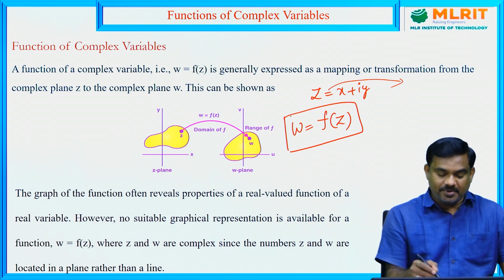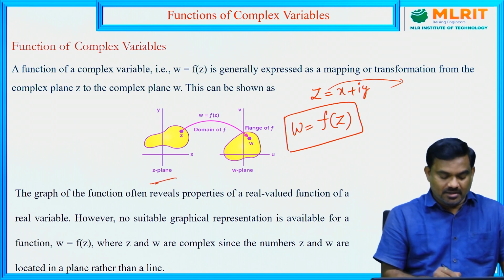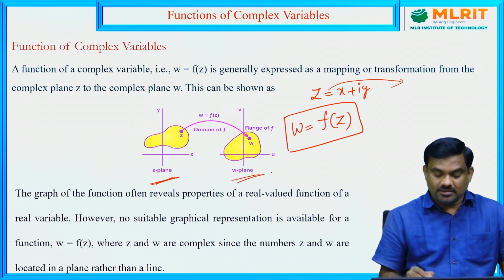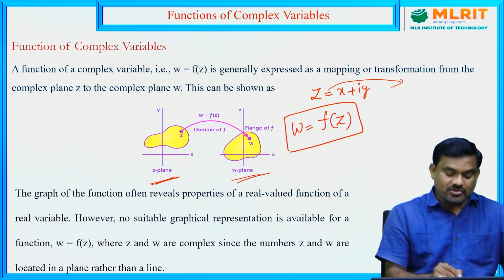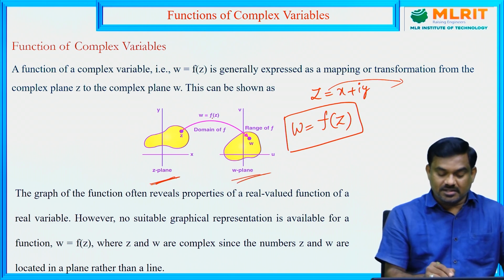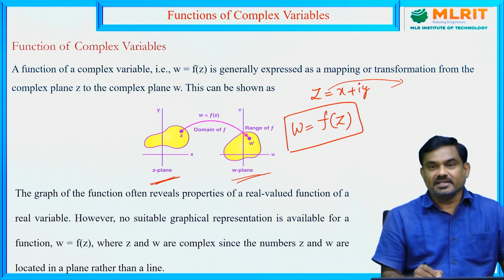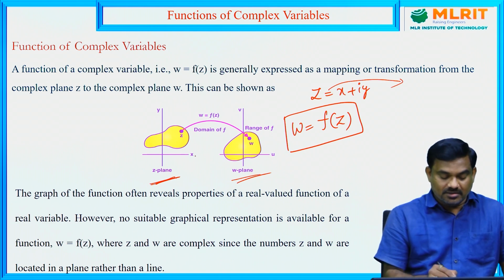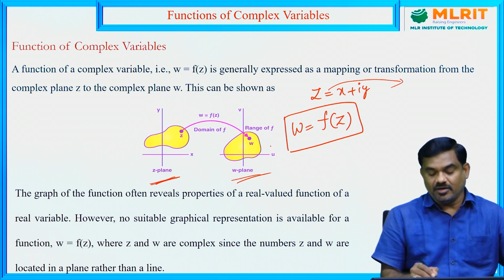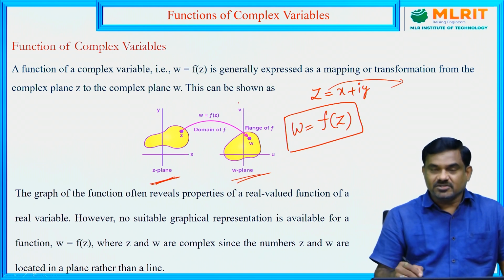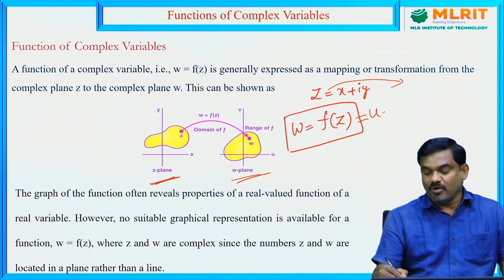That is depicted by this graph. Here this is the z plane, and this is the w plane. For example, if you consider a complex variable z, it is mapped to another complex variable w in the w plane. Here we have the x, y axes, and here u, v. After transforming, we can write this in the form u plus iv, again a complex variable.